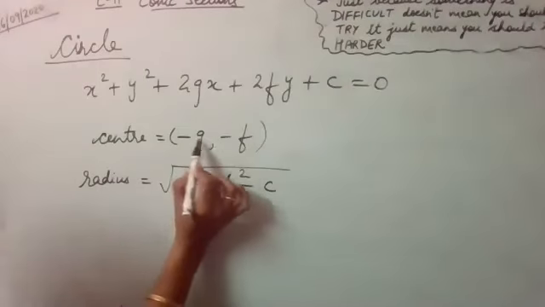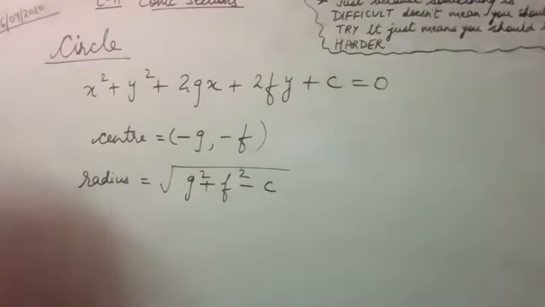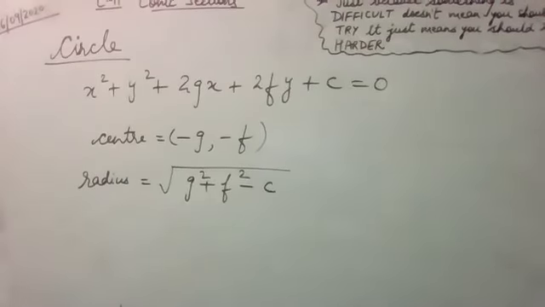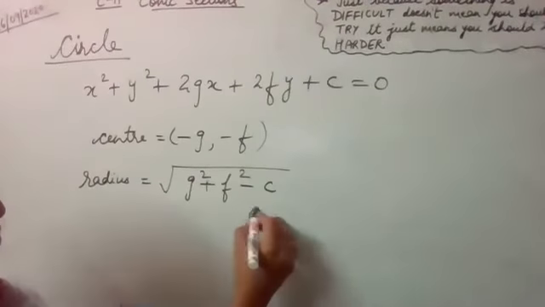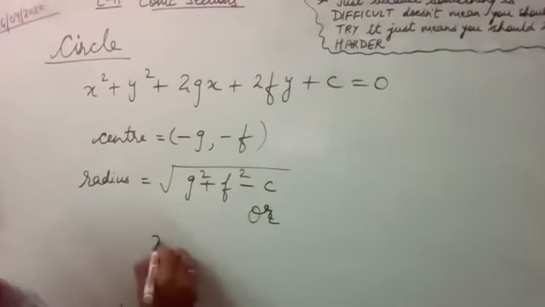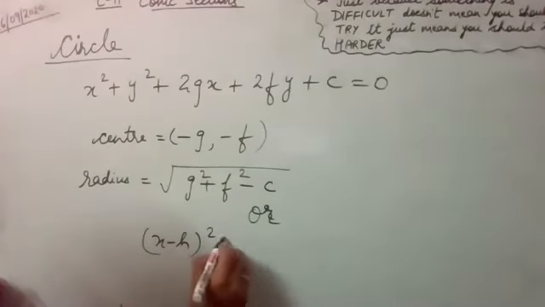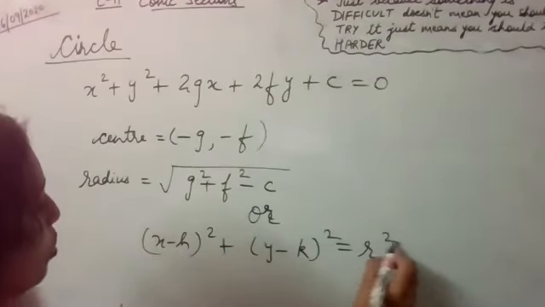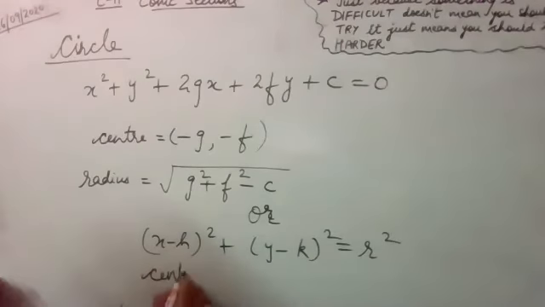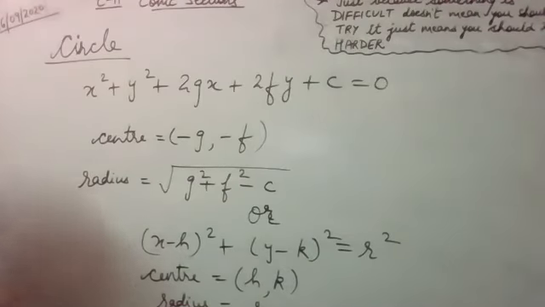So here the center is minus g, minus f and the radius is square root of g square plus f square minus c. Let's compare them. We have studied x minus h whole square plus y minus k whole square equal to r square, where the center is h comma k and the radius is r.